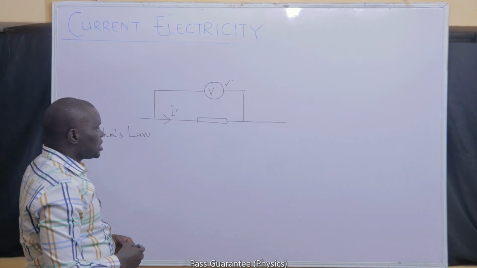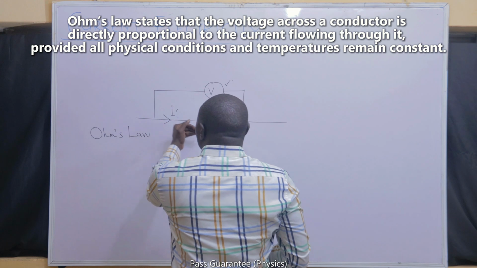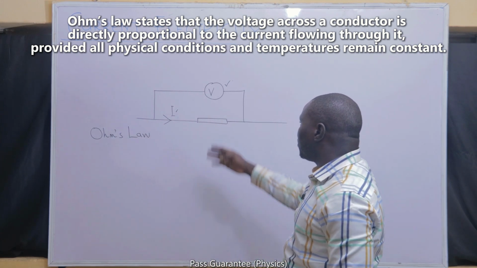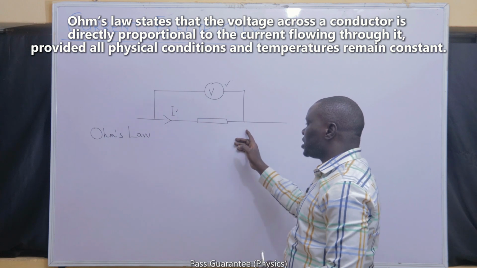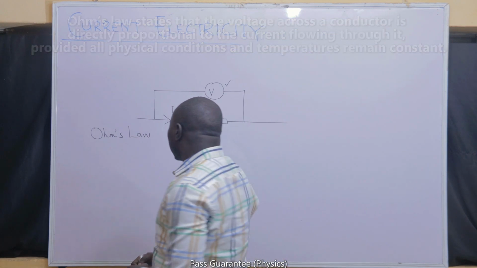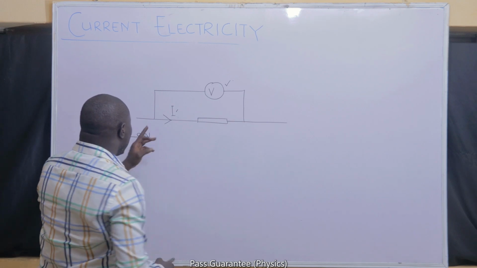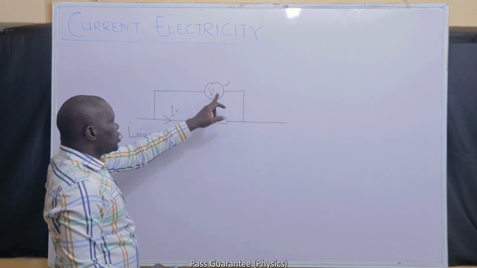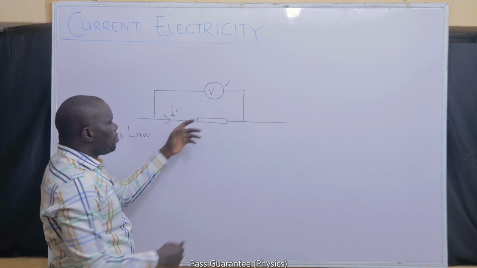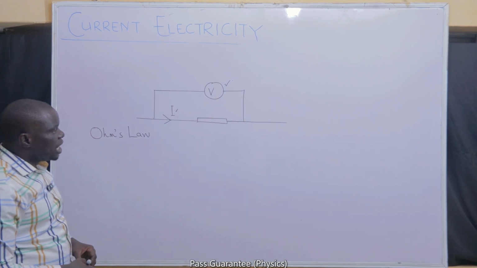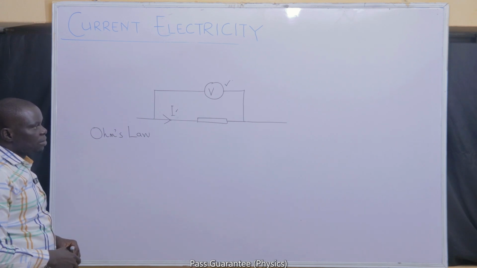Ohm's law states that the current passing through a metallic conductor is directly proportional to the potential difference applied across its ends, provided temperature and other physical properties are kept constant. I will state that again. The current passing through a metallic conductor is directly proportional to the potential difference applied across its ends, provided temperature and other physical properties are kept constant.